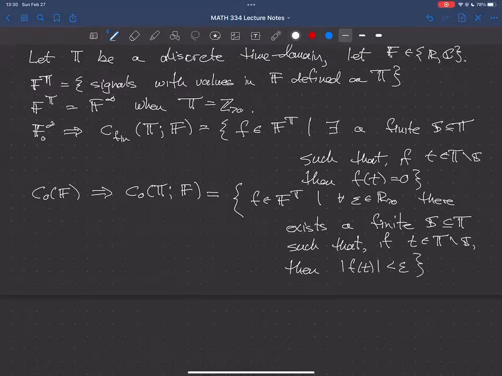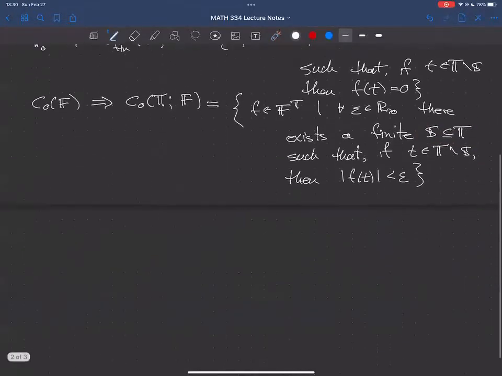Okay, so this just means that if you want to make the signal small, have value epsilon, you can always do that by considering sufficiently large times. Sufficiently large here means outside some finite S. Okay, so that's little c0.